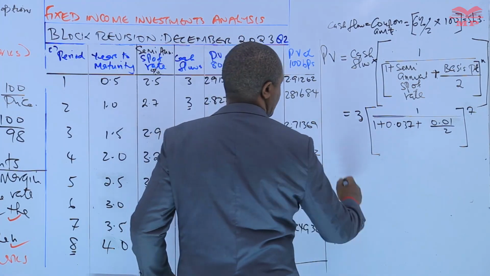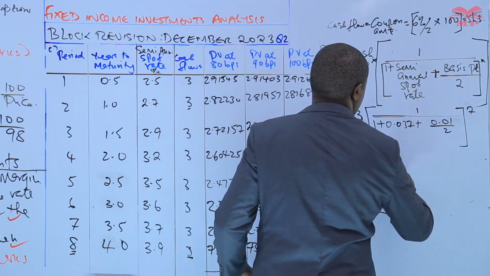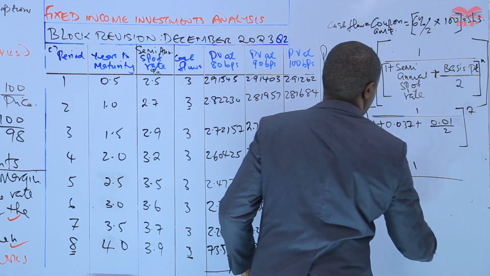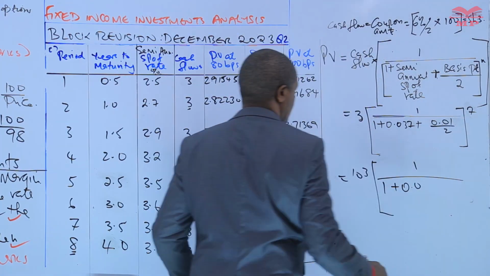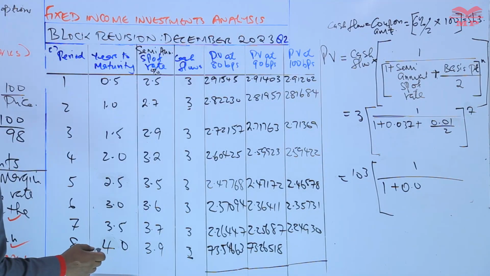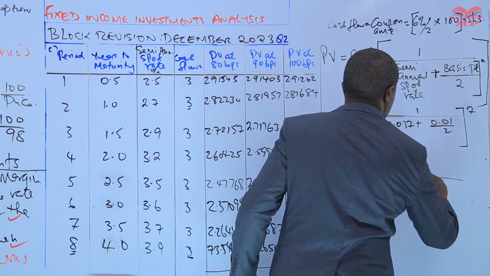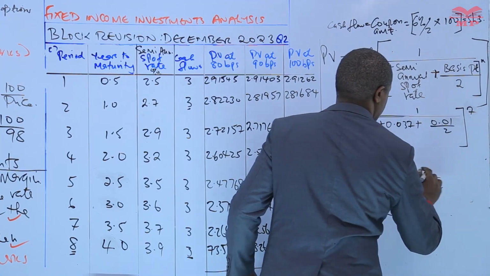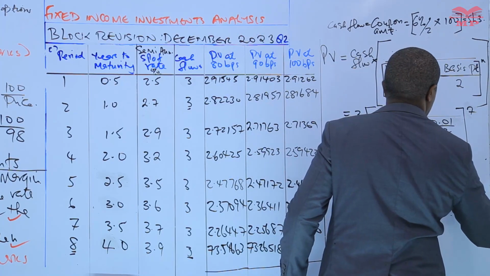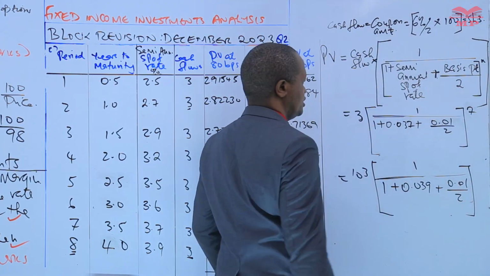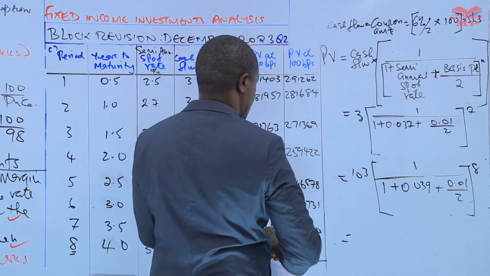Then for the last period we take the coupon amount, which is 100, plus the cash flow of 3 shillings, which is a total of 103. Then we multiply with 1 over 1 plus the semi-annual rate 3.9, this is 0.039, plus 0.01, this does not change, then we raise to 8.